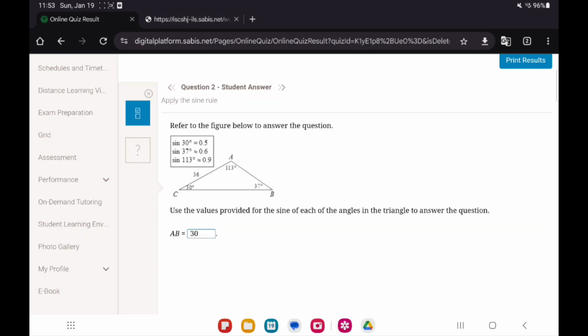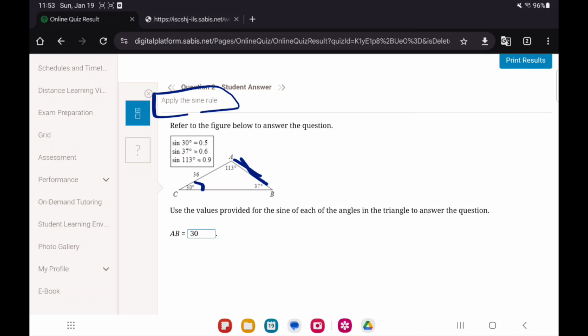Okay, this is the same thing, we use the sine rule. They want AB. AB is here, and like I said, if we want the side, we use the angle opposite of it, or if we want the angle, we use the side opposite of it.